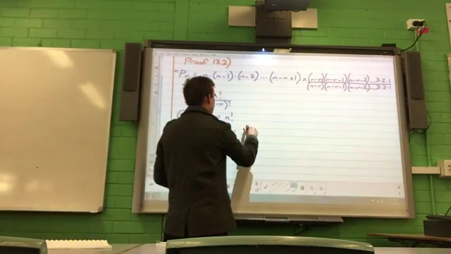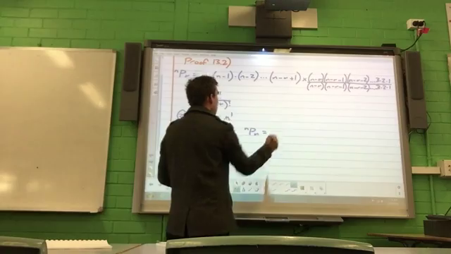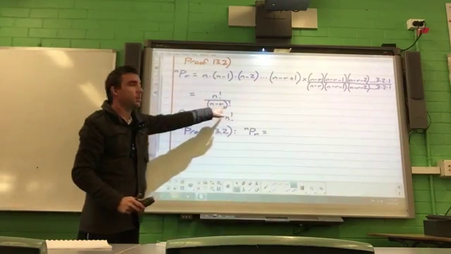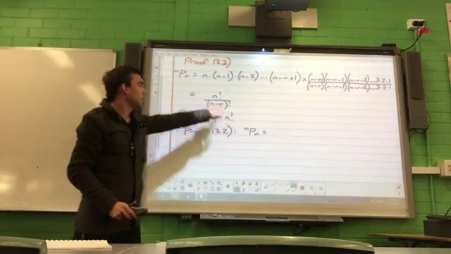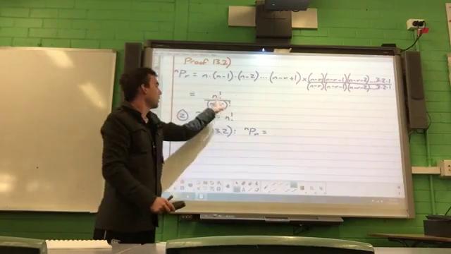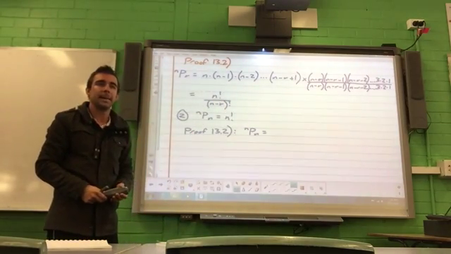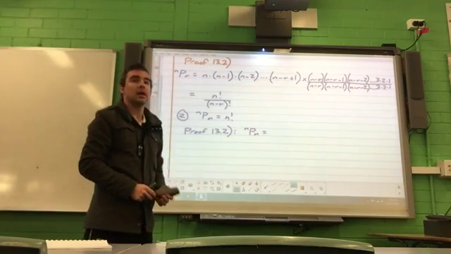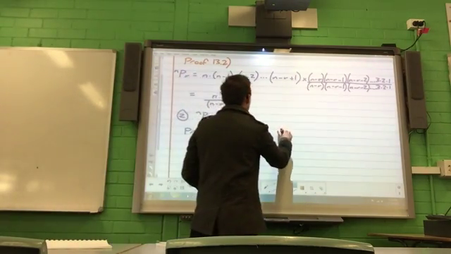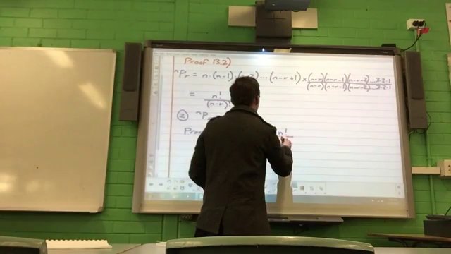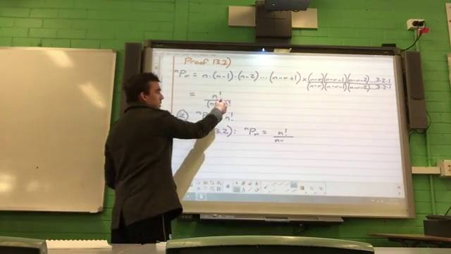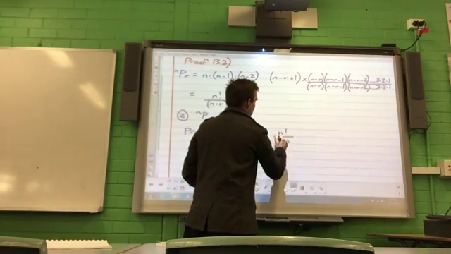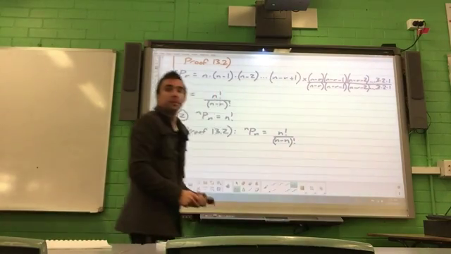So nPn. All I'm doing in the formula that I've done here is substituting n for the letter r, because that will be the r value, which is the same value as the n at the start. So it'll be n factorial over n take away n factorial. I'm replacing this r with an n.